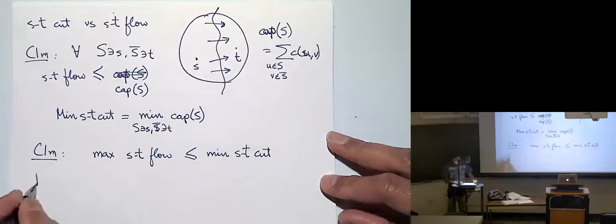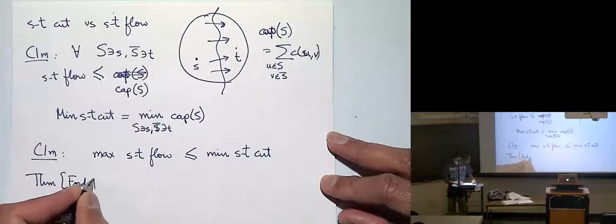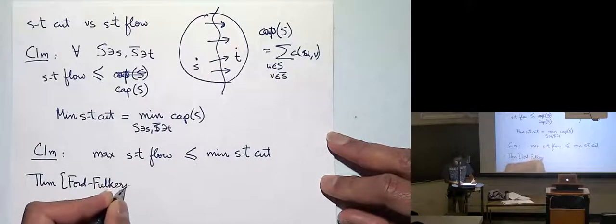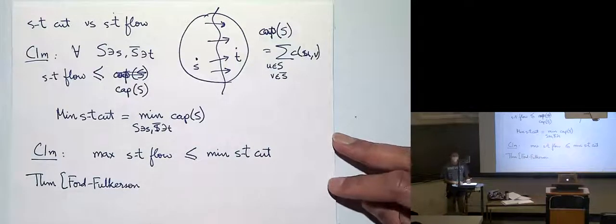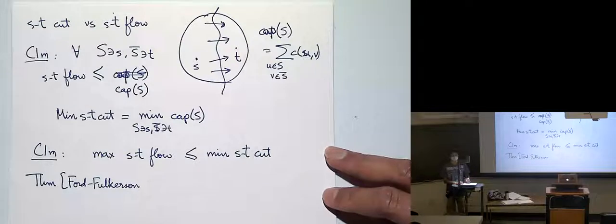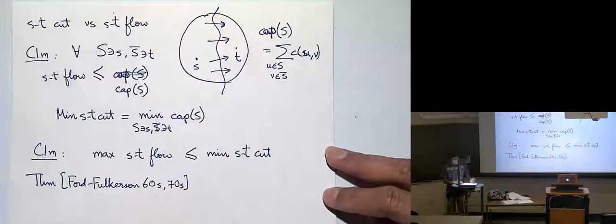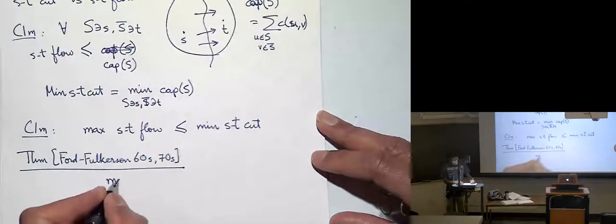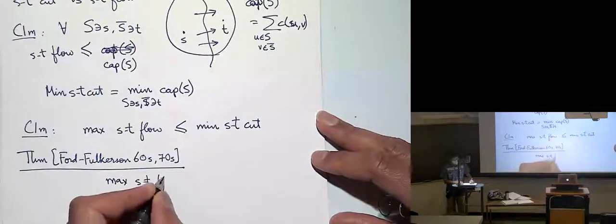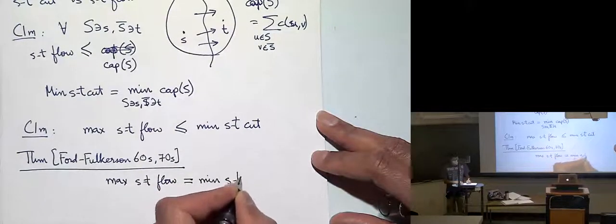But this was proven first by Ford and Fulkerson, maybe in the 60s or 70s. My dates are getting messed up. I forget exactly when. And they said actually the max ST flow is equal to the min ST cut.